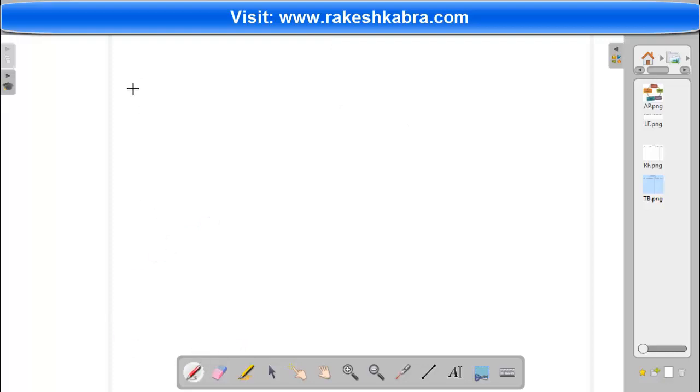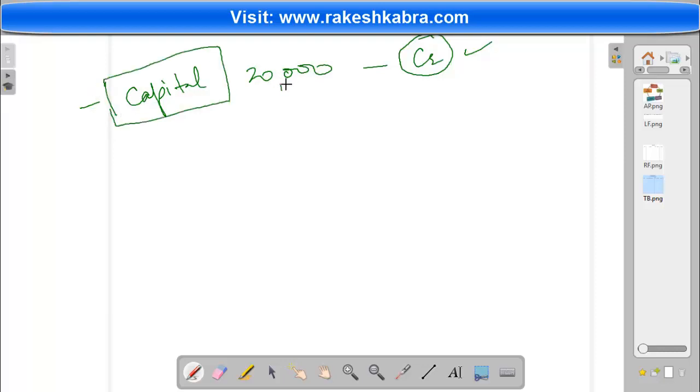Now see one more example. Suppose in the ledger there is capital account and it is showing balance 20,000. Tell me, debit or credit? Capital means the owner is giving us money.